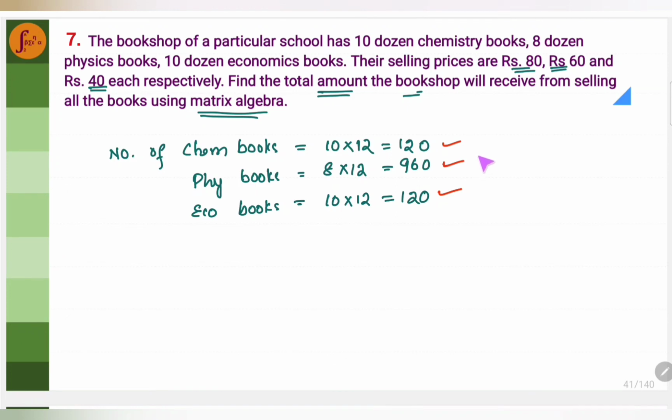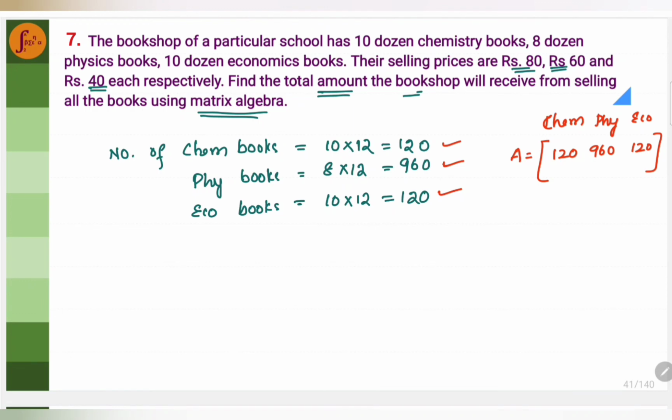So let's represent this in the form of a matrix. Let's call this matrix A. It's going to be 120, 96 and 120. This is for chemistry, physics and economics books, right?